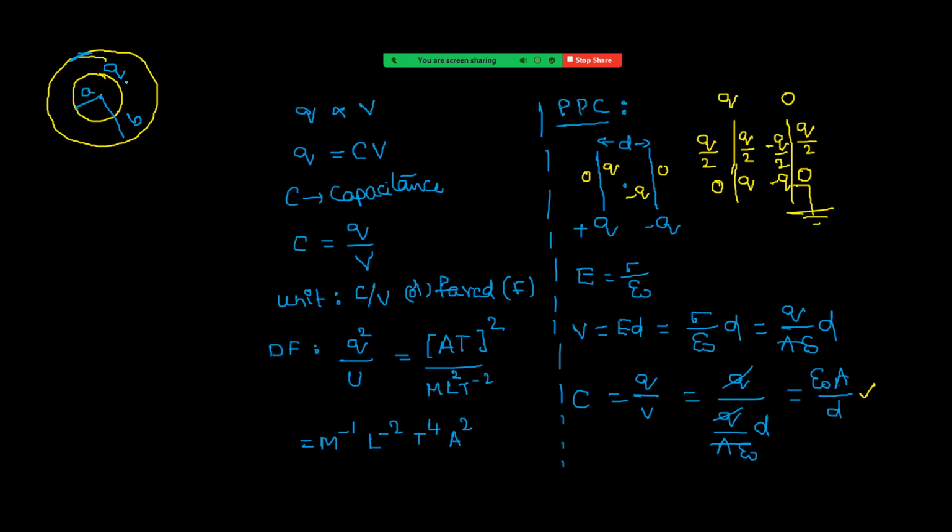So here also we can assume inner one is given Q, outer one is given plus Q. That is one way. Otherwise, giving inner one Q, now grounding the outer one. See what happens here. If a Q charge is given to the inner one, this will induce here minus Q on the inner face and plus Q on the outer face.